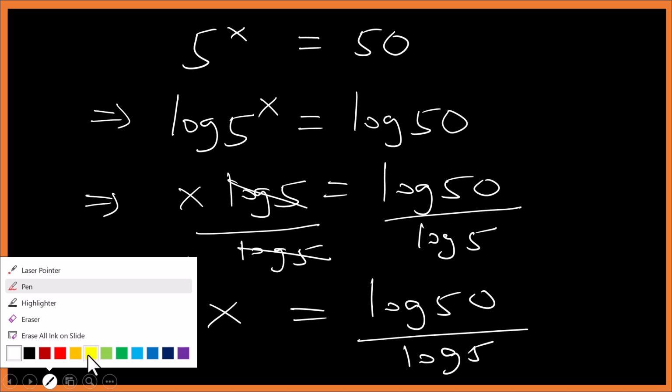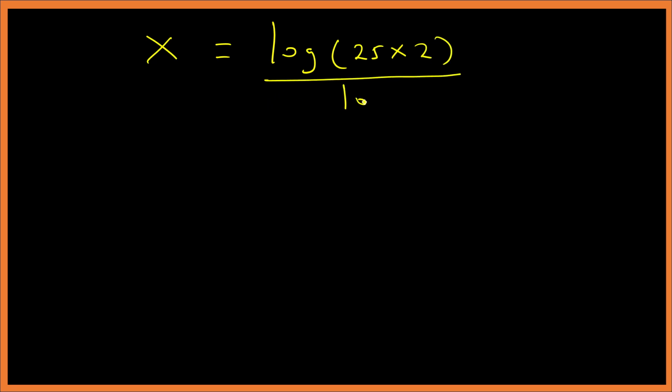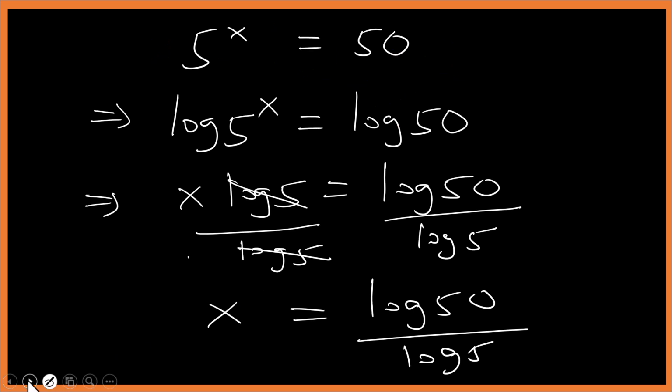Okay, now let's break this one down. So 50 is the same as 25 times 2, or 5 times 10. So we have x equals log of 25 times 2 over log 5.